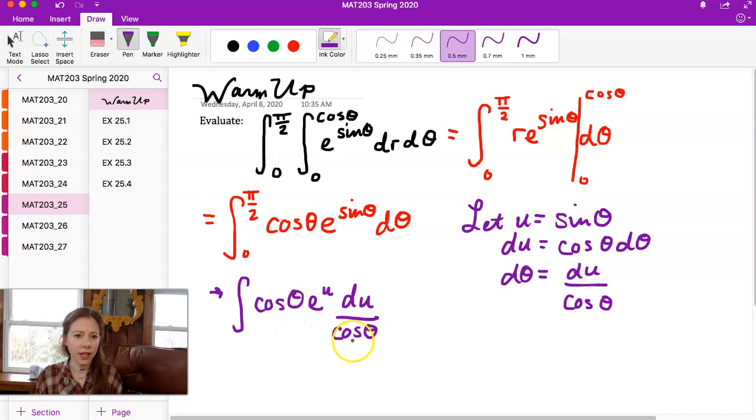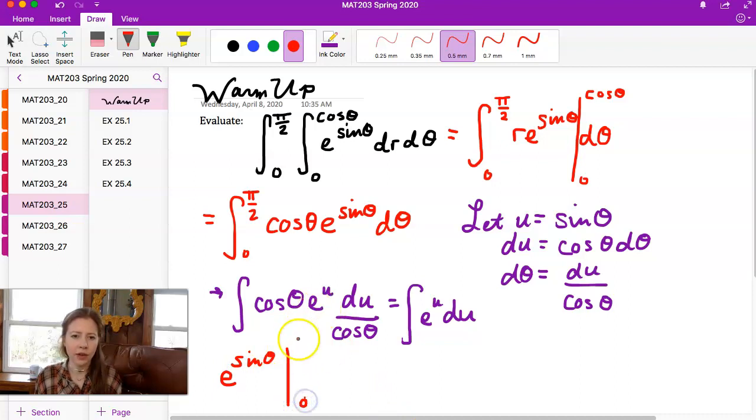So the cosine thetas will cancel out nicely, and we end up with the integral of e to the u du, which is much easier for us to evaluate. And so that is going to be, just plugging back in sine theta for u, e to the sine theta, and that's going to be from 0 to pi over 2.